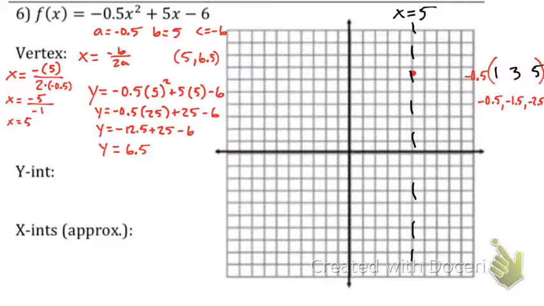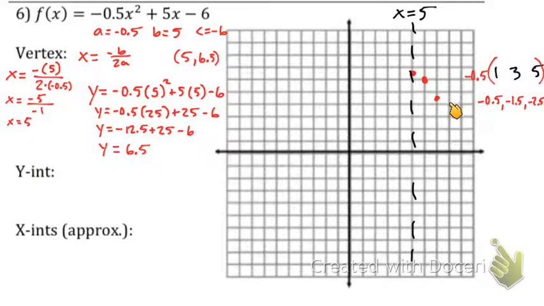So let's do that. We're going to go over 1 and then down, because it's negative, down 1/2. So over 1, down a half, which is actually a nice little dot right here. Then we're going to go over 1 and down 1 and a half, so we're in the middle spot again. And then over 1 and down 2 and a half.